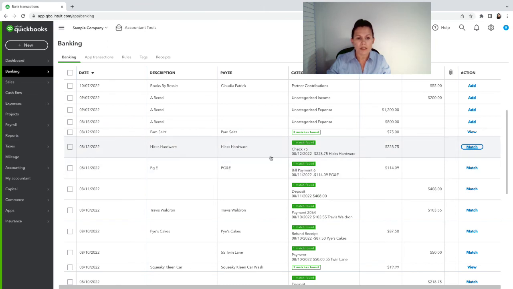When you're matching transactions, make sure you are only matching them to either a bill payment, a check, or a deposit, not to a payment, because when you match to a payment, there is a possibility of mistakes. All payments should be going to undeposited funds and then you record the deposit into the bank account. That's how you're secure that you're not forgetting a check that a customer sent to you.